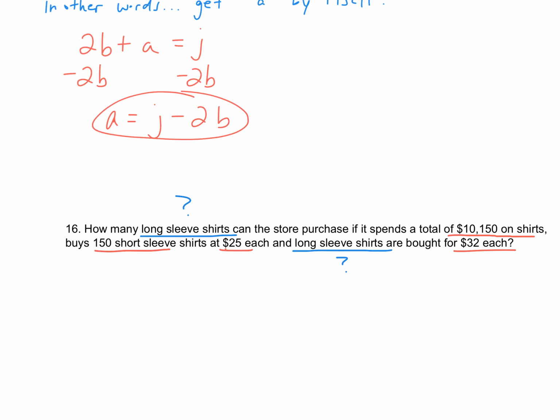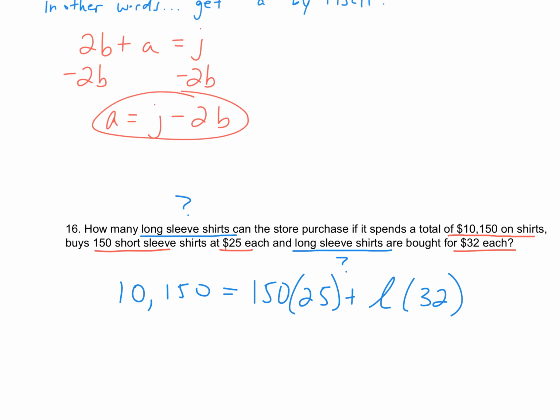I know that the total cost is $10,150. I can set that equal to 150 short sleeves times how much they cost, because that's the rate, plus however many long sleeve, maybe I'll call that L, times 32, because that's how much they cost.